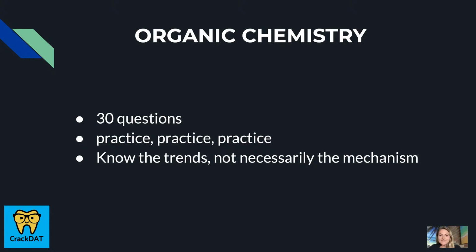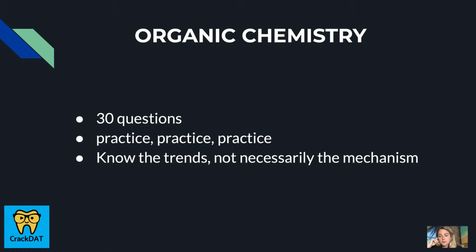And this is, again, where I'm coming back to the point that timing is really key on this test. You don't necessarily need to do the mechanism every time, and I quickly realized that because I was spending so much time doing the mechanisms, I wasn't able to dedicate the same amount of time to every question. I'd have to rush through the end of them. So I started looking for the trends of basic, acidic, what happens, this kind of reagent, this kind of reaction.